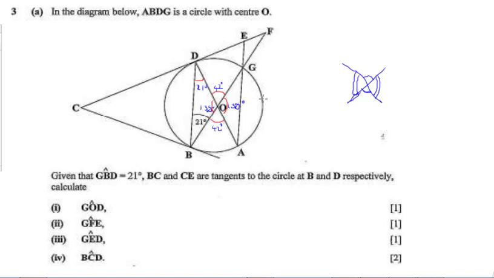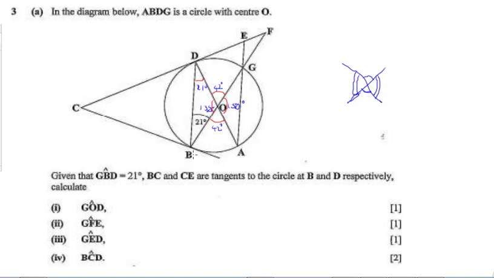What else can we find? Well, if angle BDA is 21 degrees, do we have any other angle that's coming from B and A? BDA, we've got BGA. You see that?